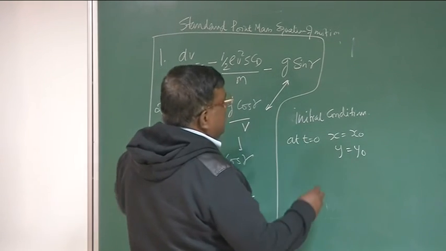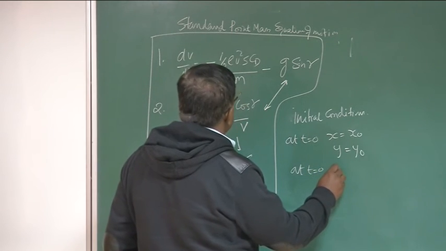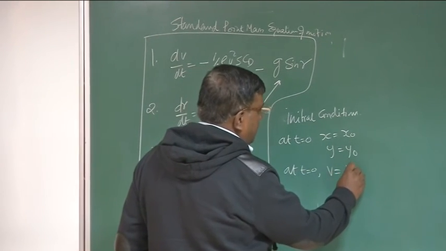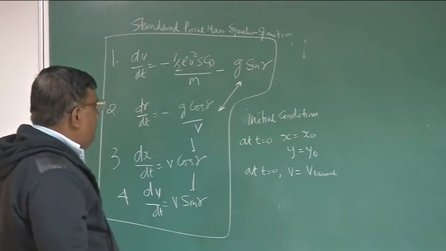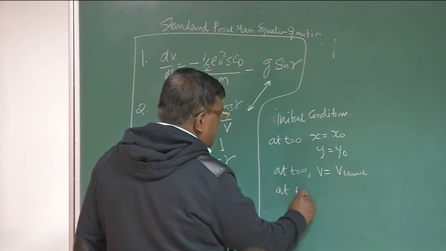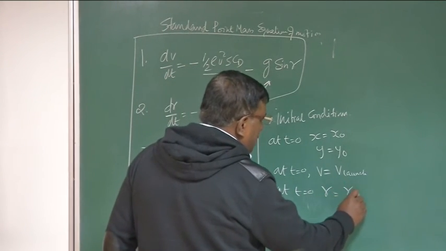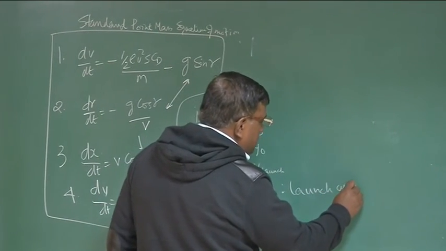Then also here, at t equal to 0, what is V? V equal to V naught, or V launch, right? And you also know gamma at t equal to 0, gamma equal to gamma naught, which is called the launch angle, right?